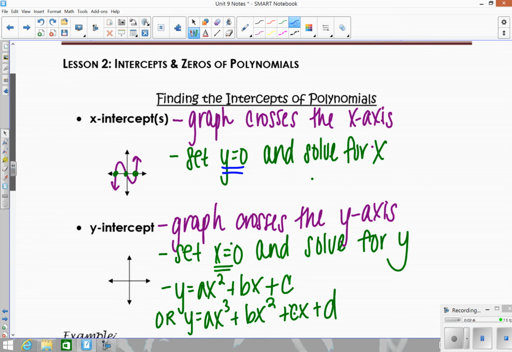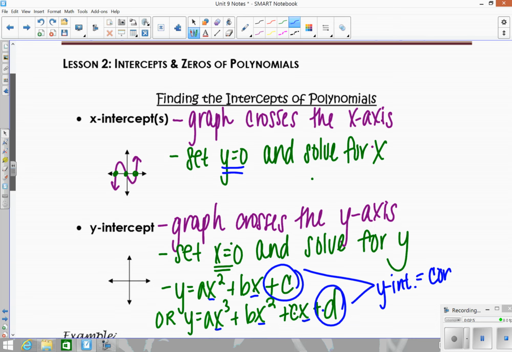If you imagine plugging in 0 for every x, you're going to be left only with these numbers at the end. So the y-intercepts are really just the constants. So y-intercept equals the constant. If you don't remember to set x equal to 0 and solve for y, basically just take the numbers at the end, and those are the y-intercepts.